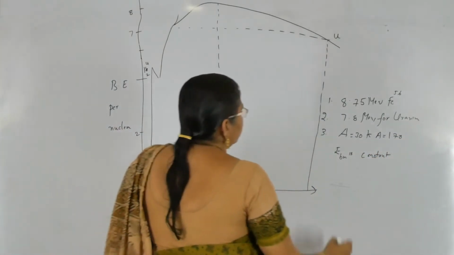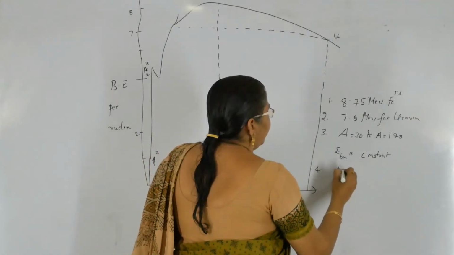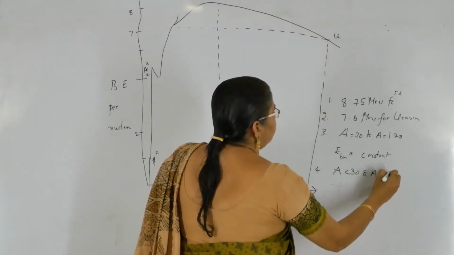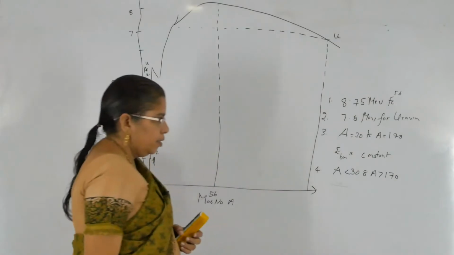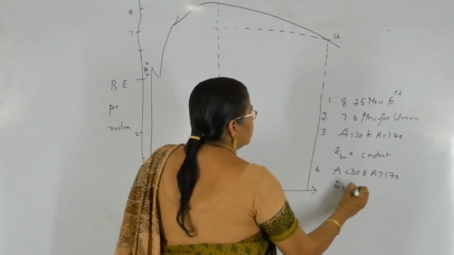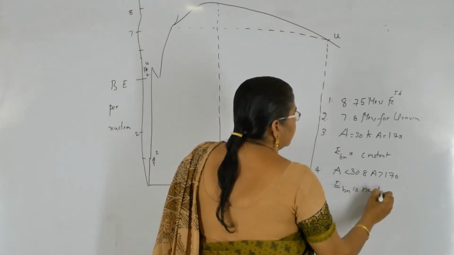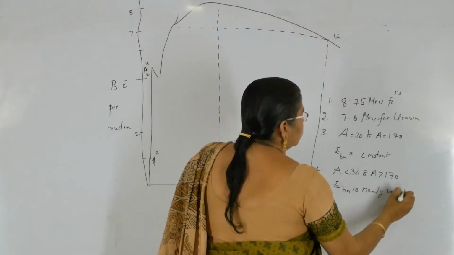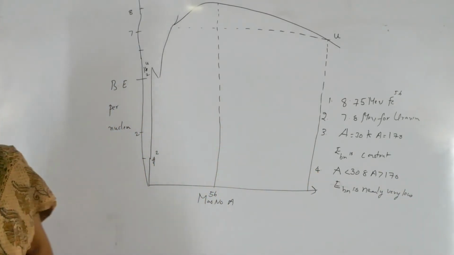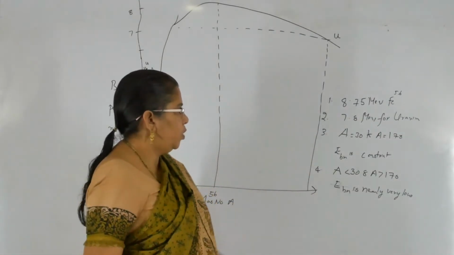And the fourth point is, for A less than 30 and A greater than 170, the binding energy is very low. So very less it is. These are the 4 points that are to be noted.